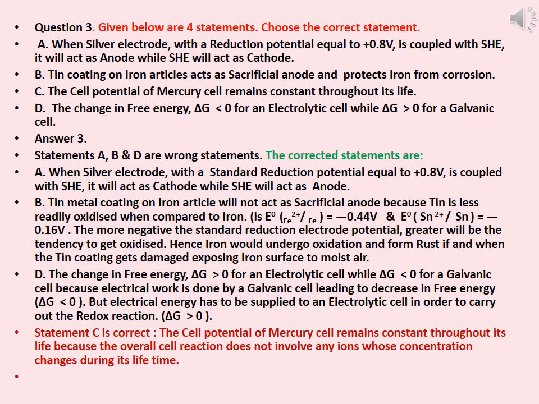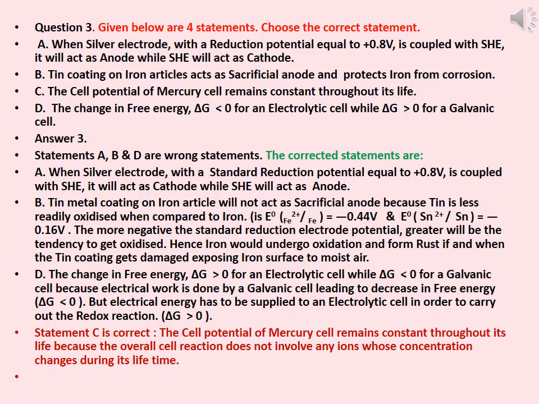So when compared to that, the silver electrode with a higher value of reduction potential, plus 0.8 volt, will act as cathode. Silver electrode would serve as cathode while SHE would function as anode. That's the corrected statement, based on the reduction potential values.